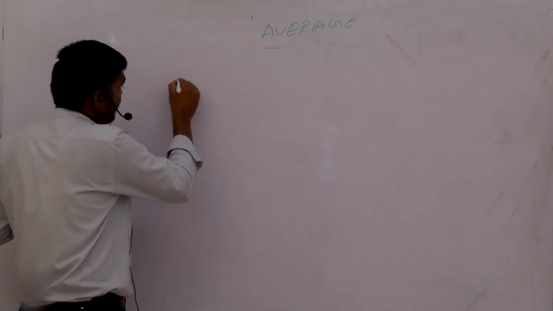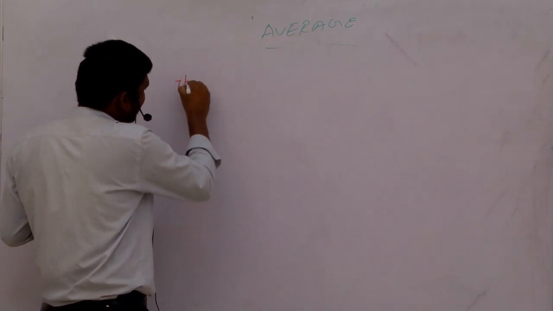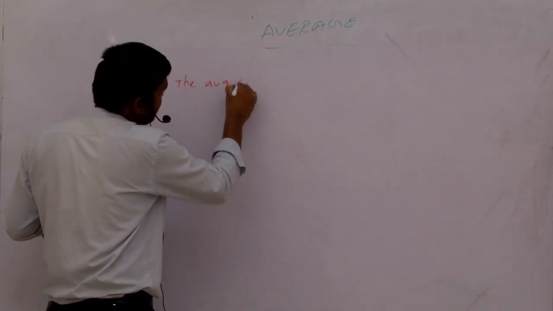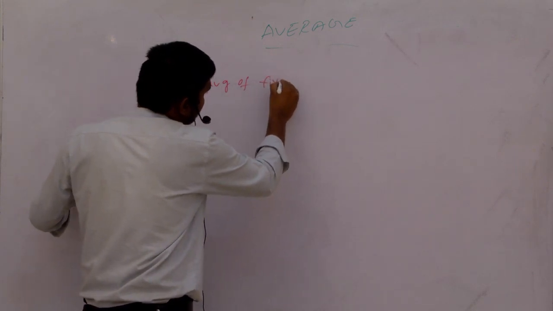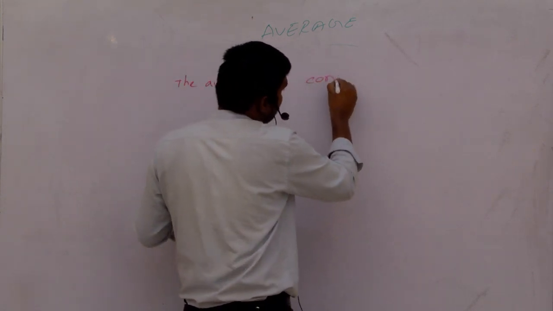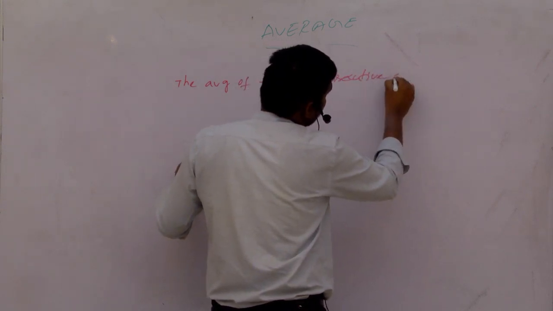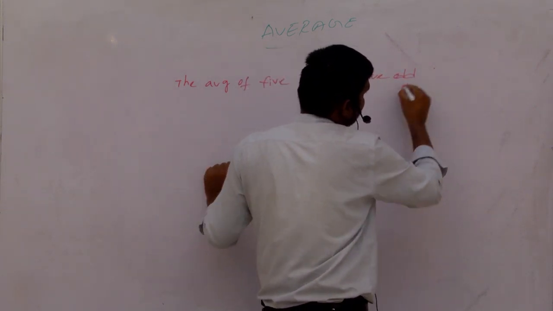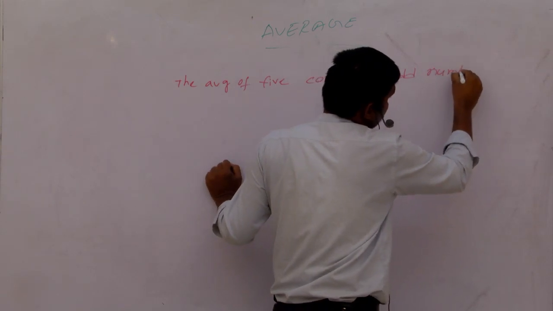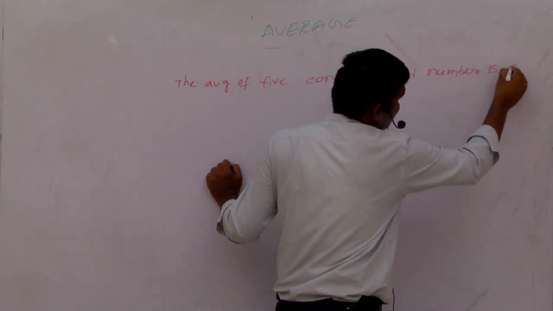The average of 5 consecutive odd numbers is 61.